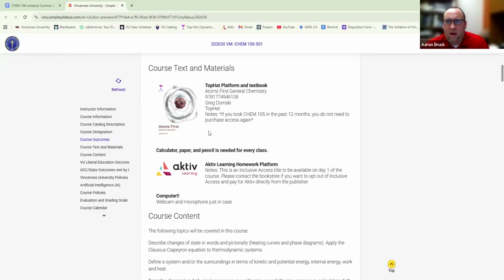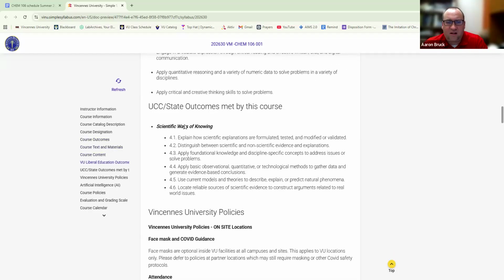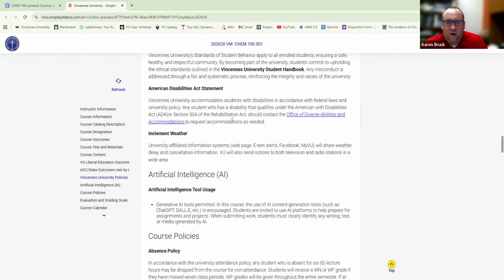But that's handled by bookstore fees, so there's no physical anything to buy. The bookstore will charge you, and they'll know who to charge because they will know who was enrolled in the past year and who wasn't. So again, read through this kind of stuff on your own.